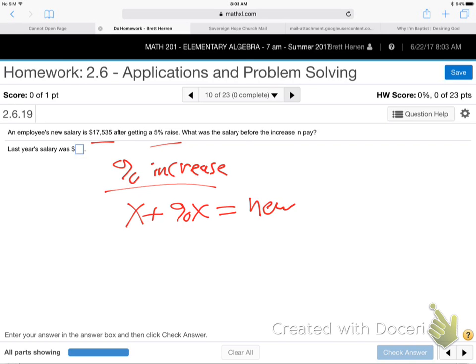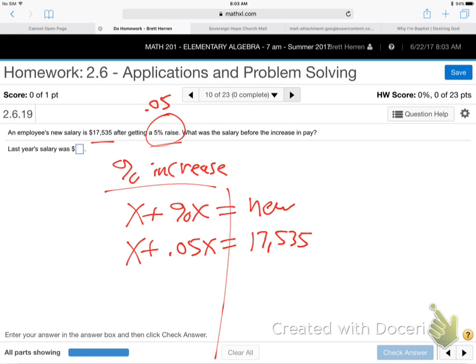Okay, so it's a 5% raise. What do you do with 5%? 0.05, very good. So it's got to be two places back, huh? So it'd be X plus 0.05X, and the new price is $17,535, because that's the new price after the raise, huh? So there we go. Okay, now these are like terms on this side.